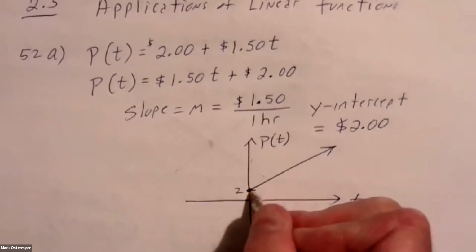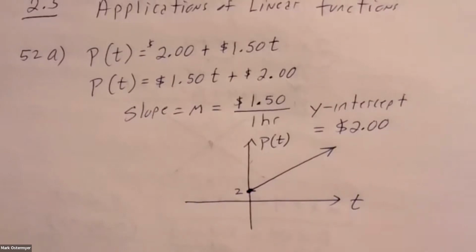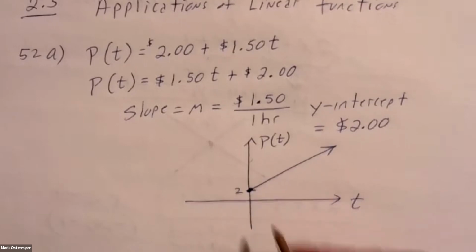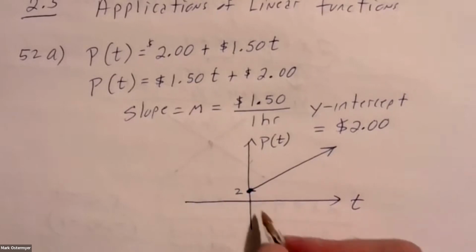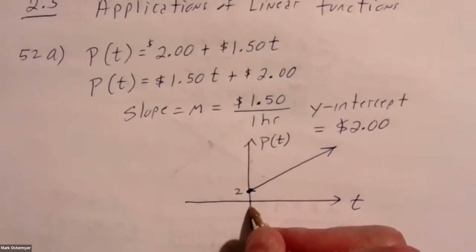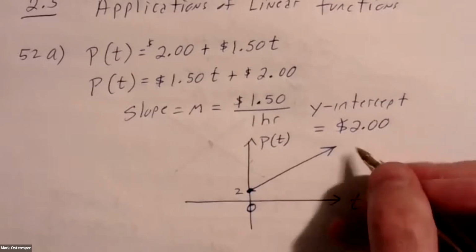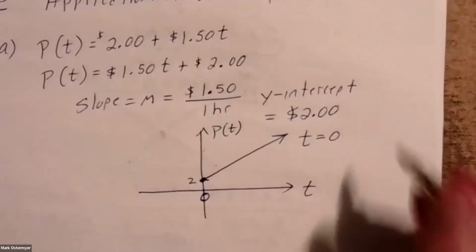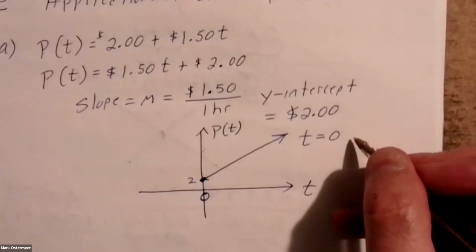Can anybody tell me the significance of what 2 is saying there? At what time does 2 occur? It's our y-intercept. So it occurs at time t equals what? 0. So what this is saying is when we first pull into that garage at time t equals 0, we're going to have to lay out a what?